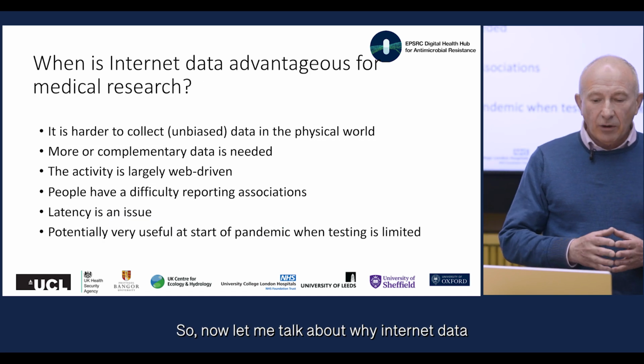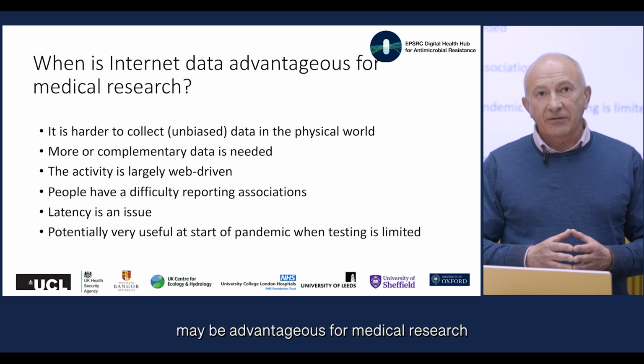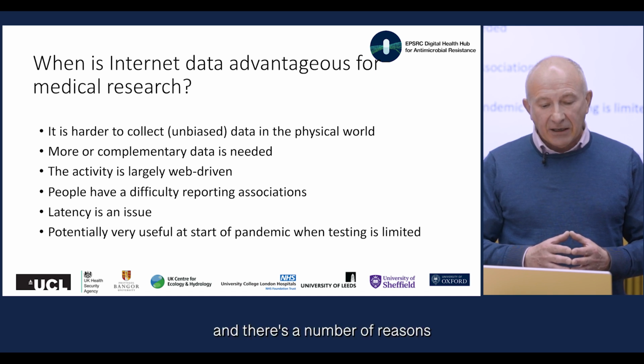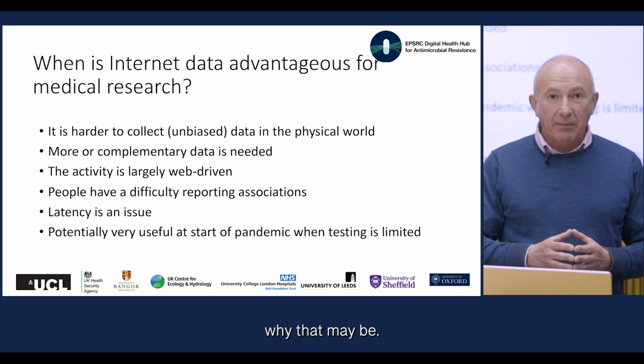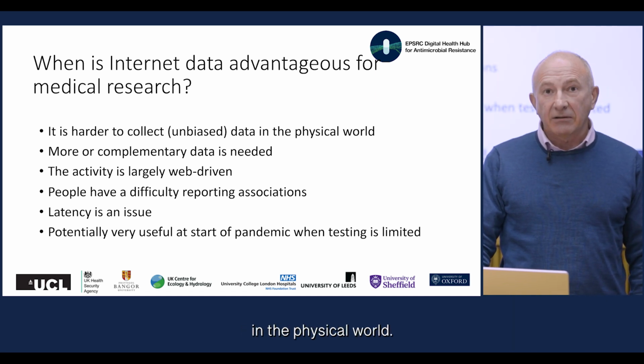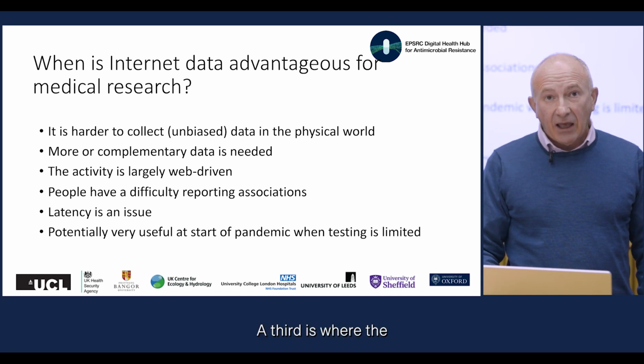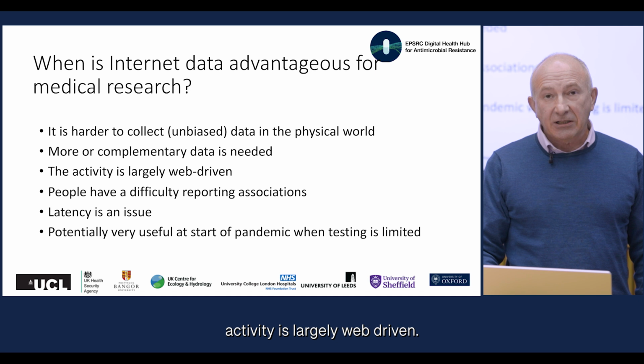So now let me talk about why internet data may be advantageous for medical research. And there's a number of reasons why that may be. One is when it's harder to collect unbiased data in the physical world. Another is where more or complementary data is needed. A third is where the activity is largely web-driven.